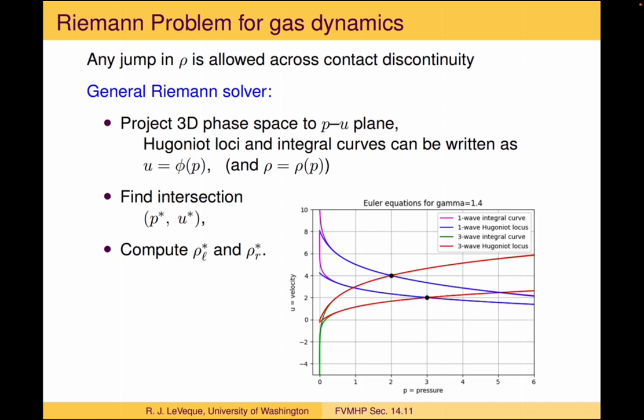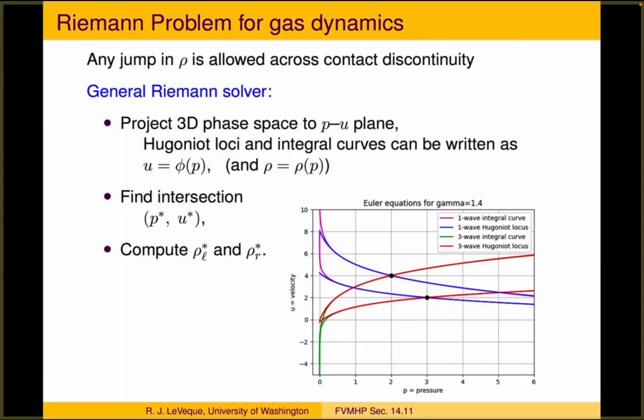What we'll see is that we can come up with formulas for how the velocity varies as a function of pressure alone. Of course, the density will also be varying as a function of pressure, but if we project into this plane, then that variation of the density disappears.